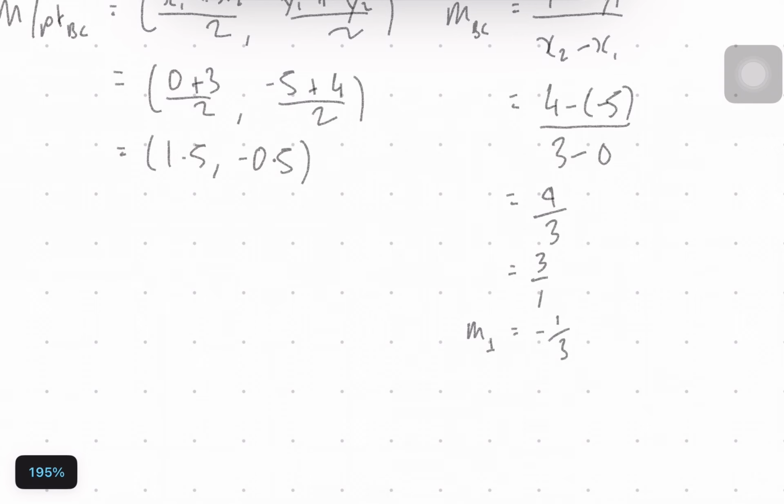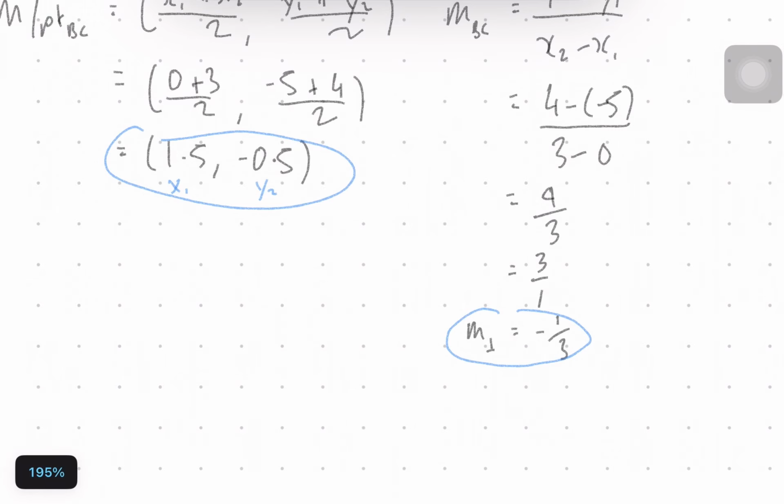The slope then of a perpendicular line is minus 1 over 3. So I now have my slope and my point, so I'm ready to get the equation of that line. So I'll call this x1, y1, and here's my slope, minus 1 over 3. So equation is y minus y1 equals m on x minus x1.